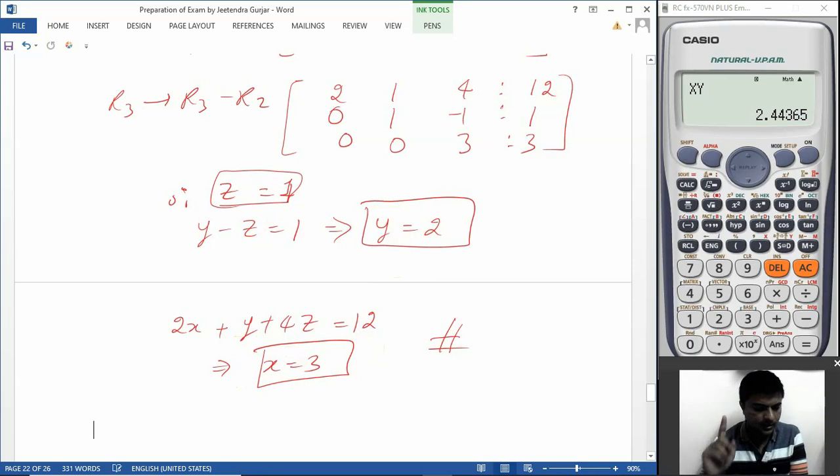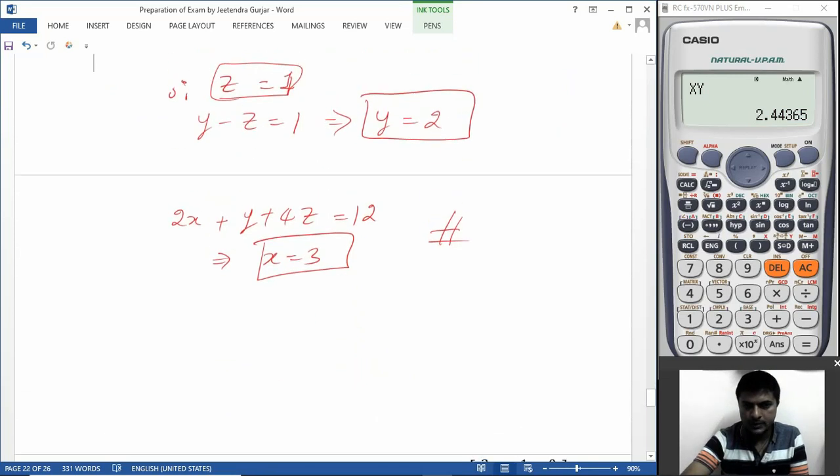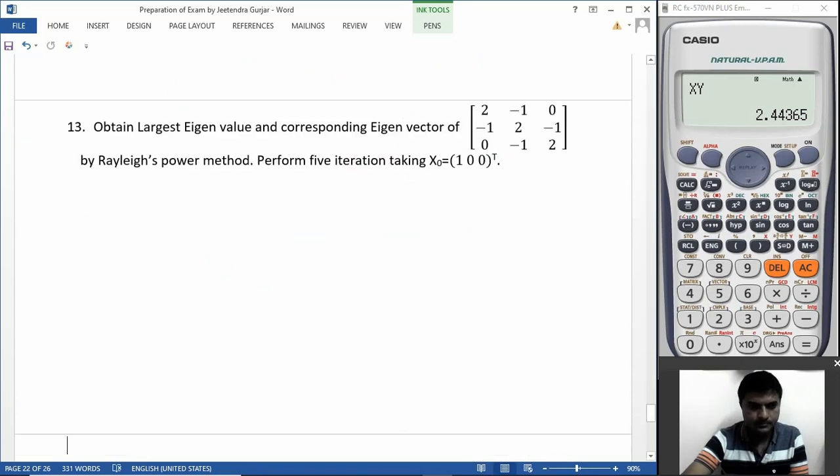So first I want to find the value of the first term, so I will take Ax. Students, what is the formula? Anyone remembers the formula? For the largest eigenvalue or eigenvector, please calculate first Ax. Ax is equal to lambda x.